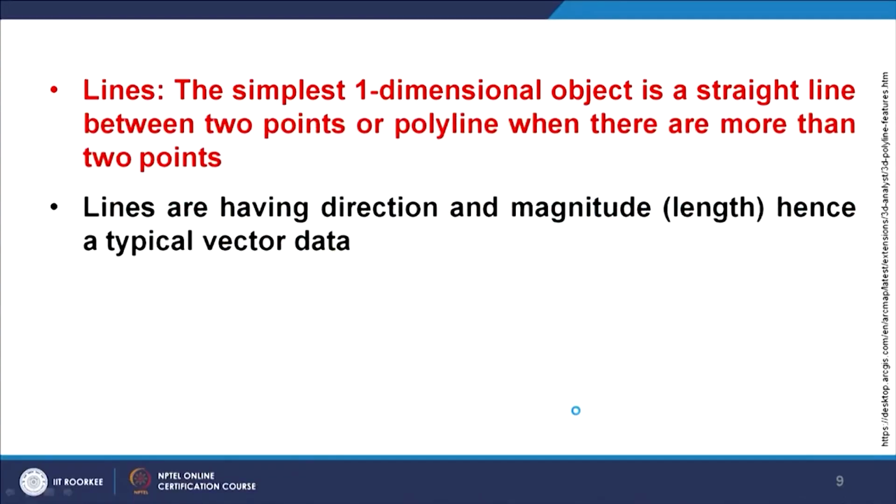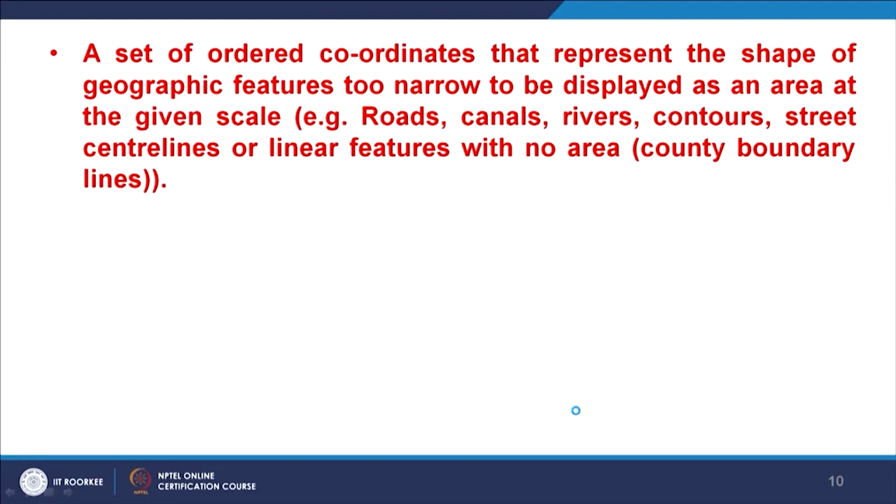And lines, as you know, in a typical vector have direction and magnitude, where magnitude is equivalent to length, and hence it is typical vector data. Now a set of ordered coordinates represents the line or a shape or a feature. It will not have width, it will have only the line. That is why it is called a single dimensional entity.